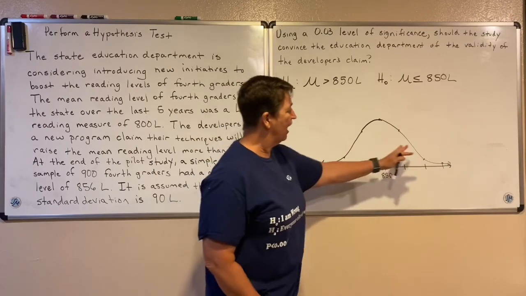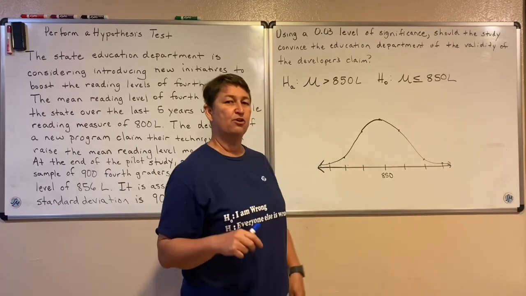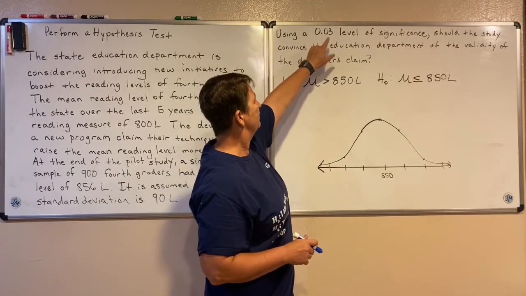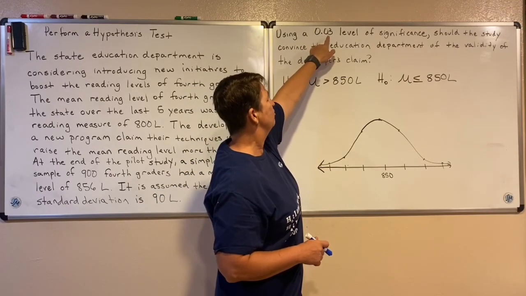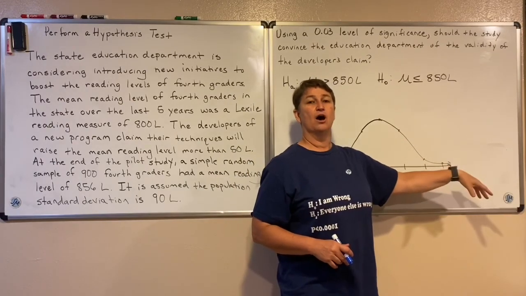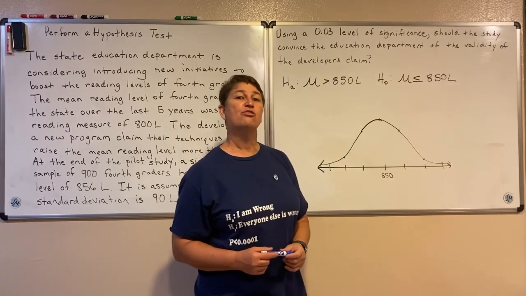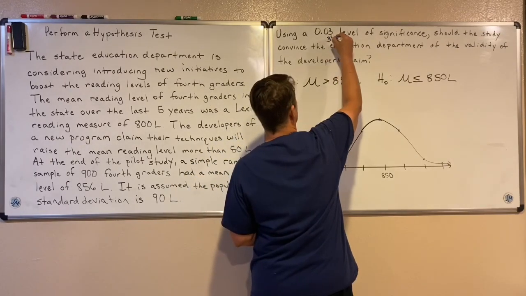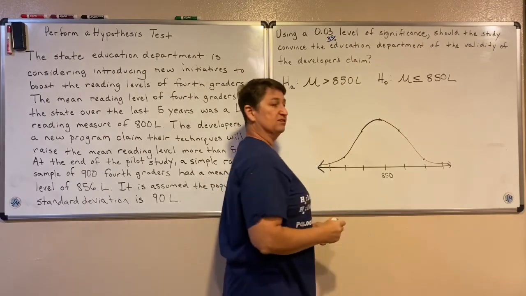And how far out on the right is far enough for us to have enough evidence? Well, my level of significance is 0.03. So I'm looking for the probability that I'm out there, 0.03, or 3%. So this is 3%.